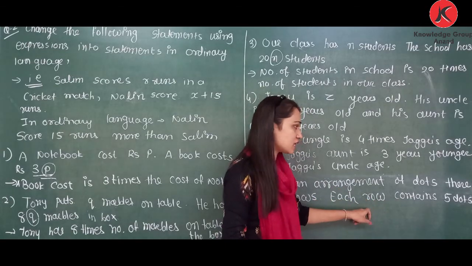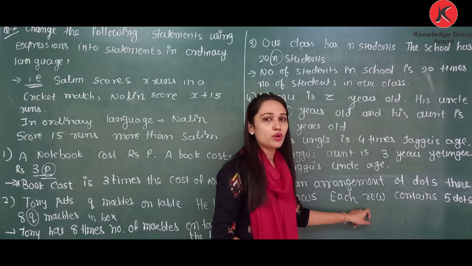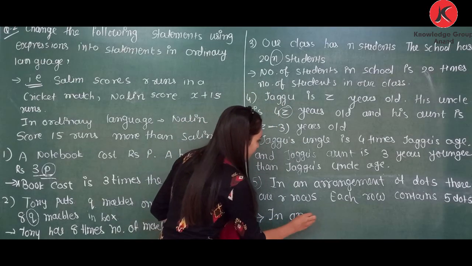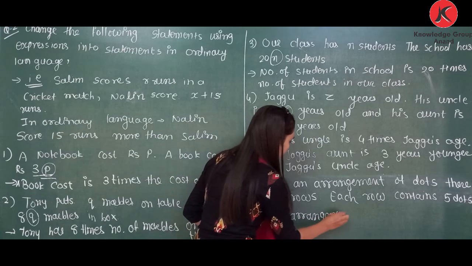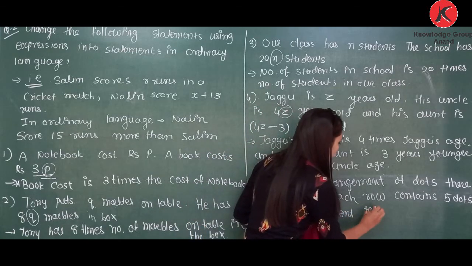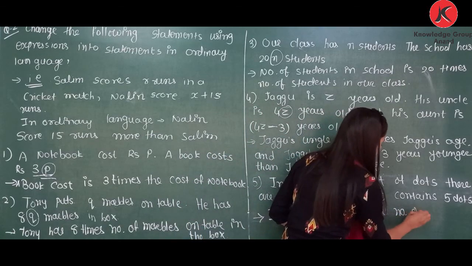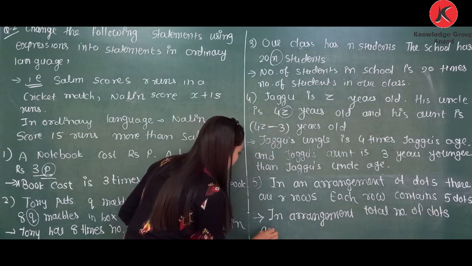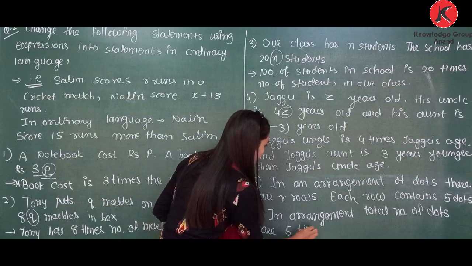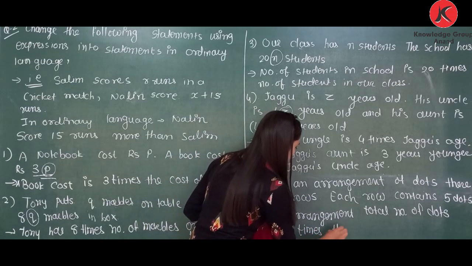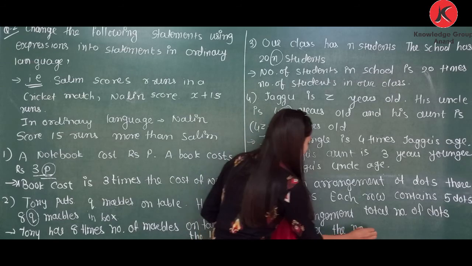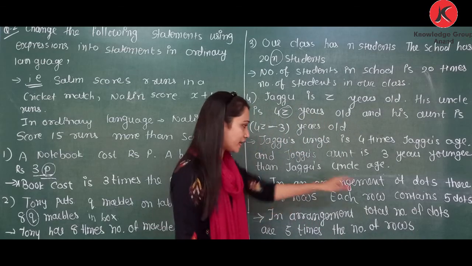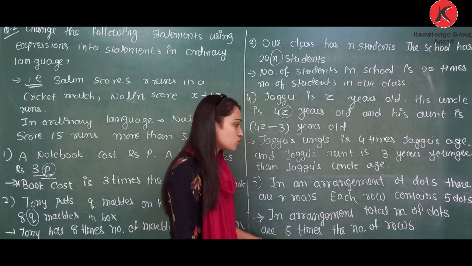We can write the statement in terms of the total number of dots. In the arrangement, the total number of dots is 5 times the number of rows, because in each row there are 5 dots.